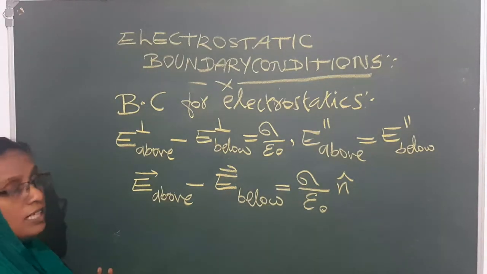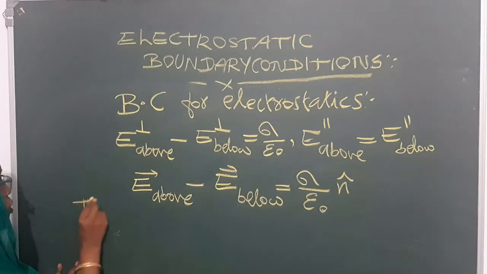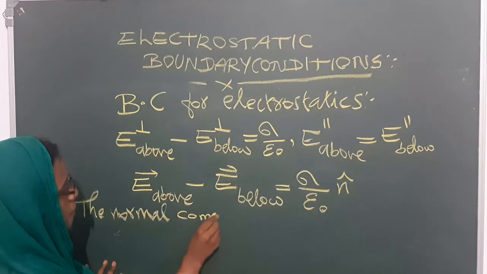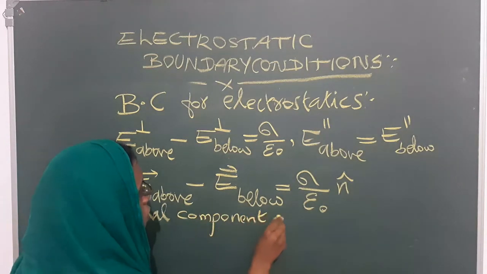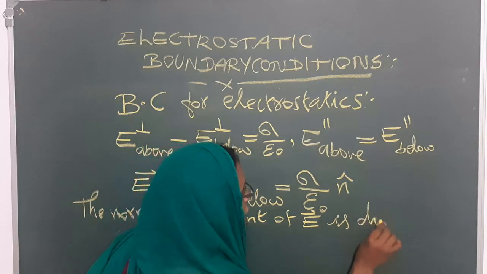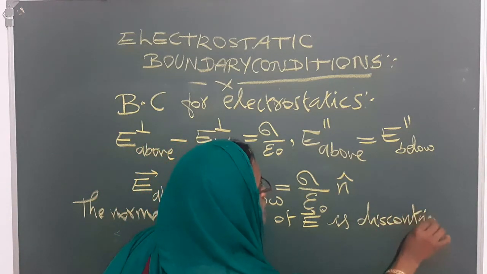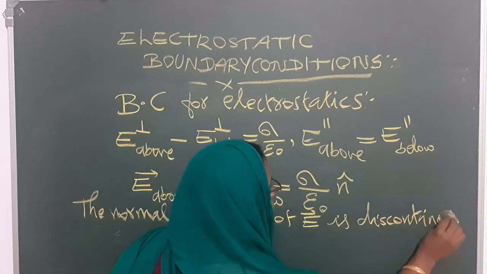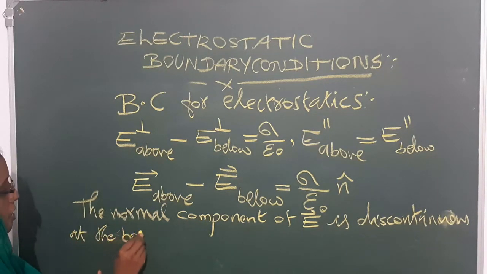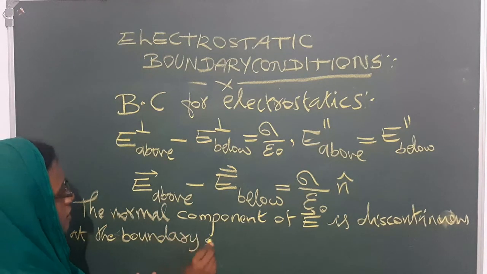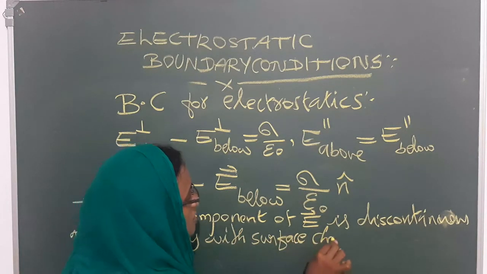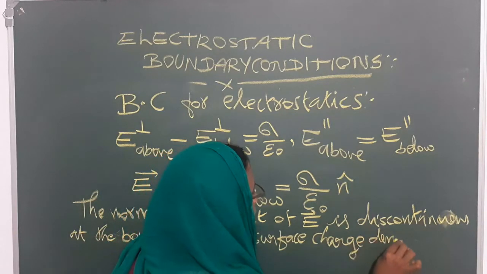So what is our conclusion? The conclusion is that the normal component of electric field is discontinuous at the boundary with surface charge density sigma.